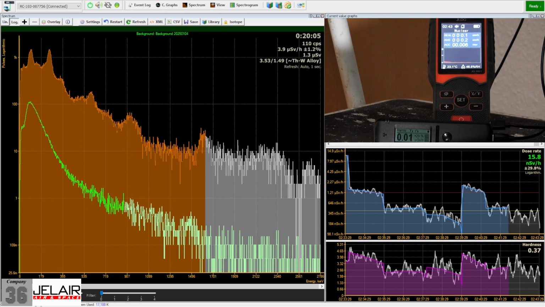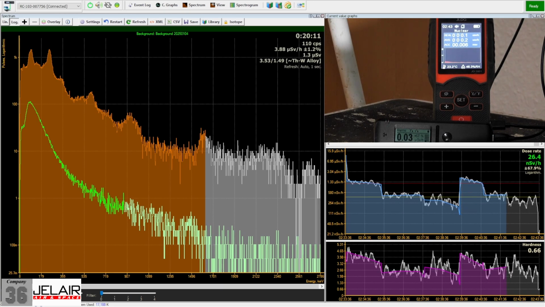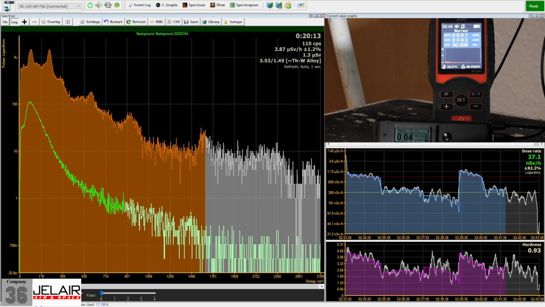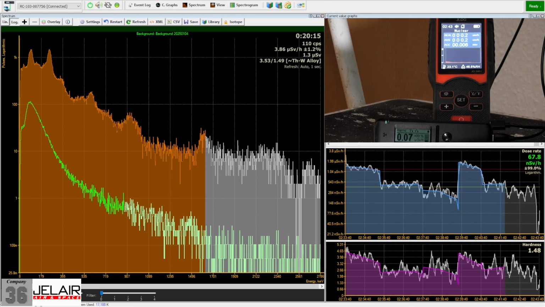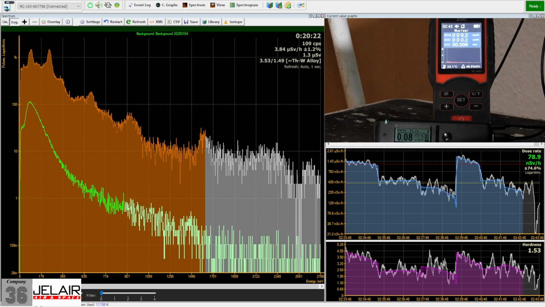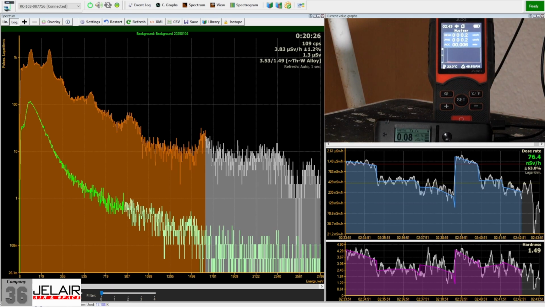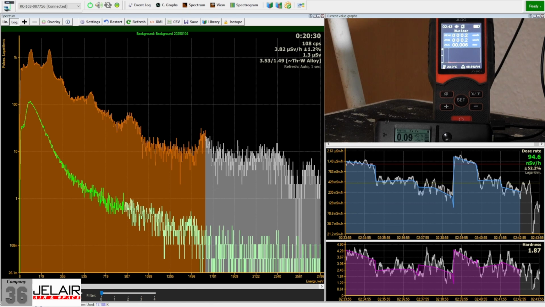And you can see how quick we're back to normal background levels, which is about 0.07 or 0.08 on the Radiacode. The Geiger-Müller tube is a bit slow, as you can see it's still at 0.2.